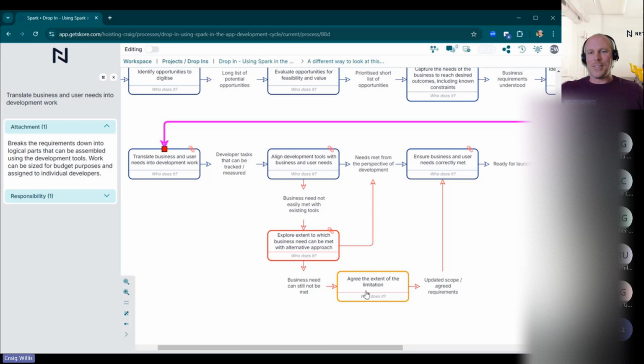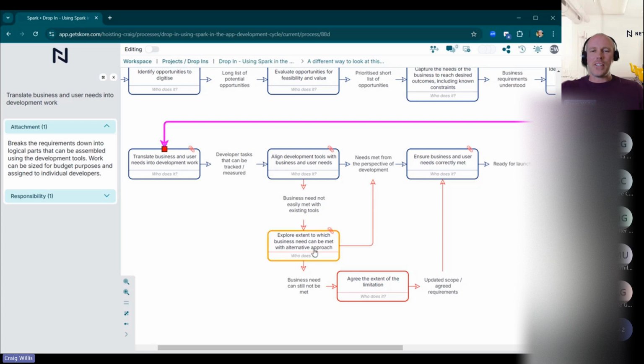If that's the case, they then need to work out the extent of the limitation, and what we are prepared to limit this on. This is where an awful lot of time can go missing in development and things can often go wrong, because the developers are trying to meet the tasks they've been issued, which have been translated from the requirements.